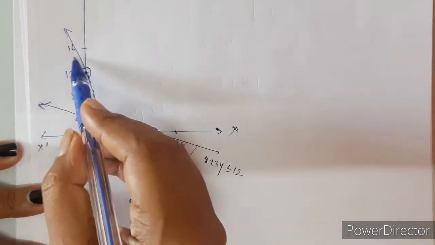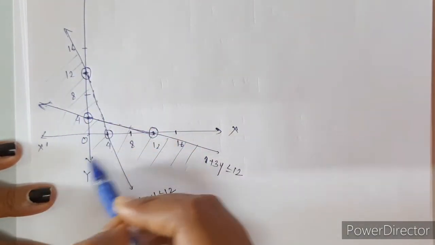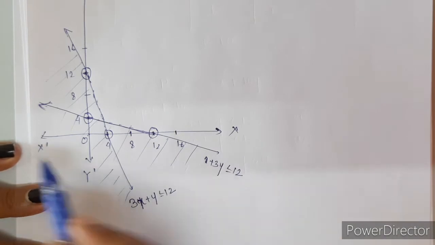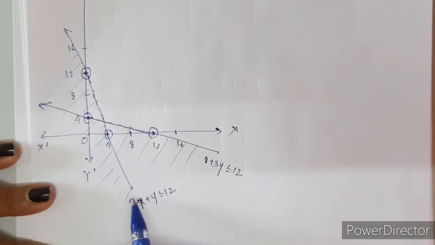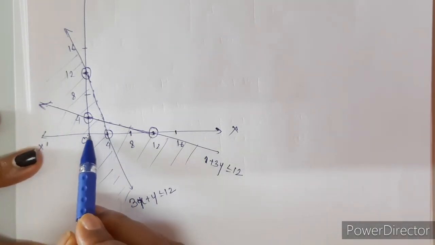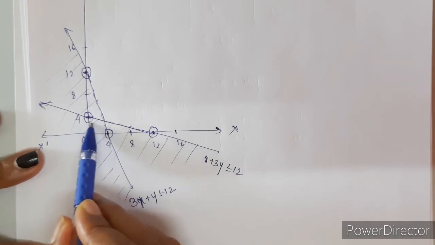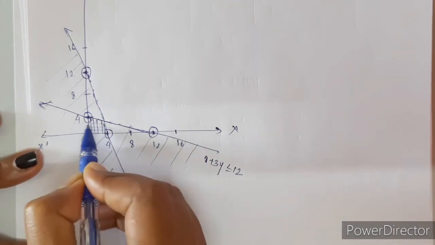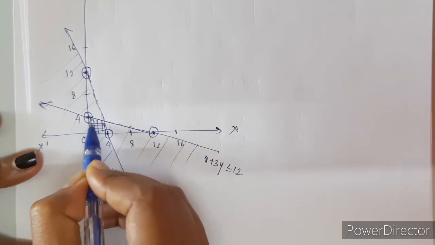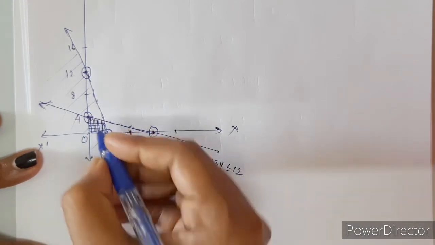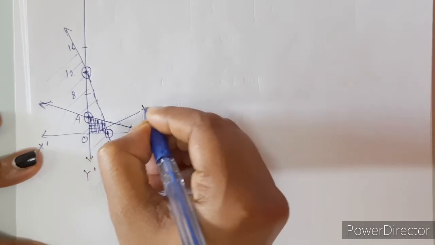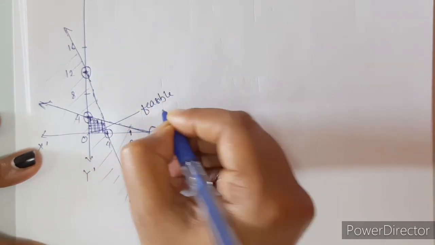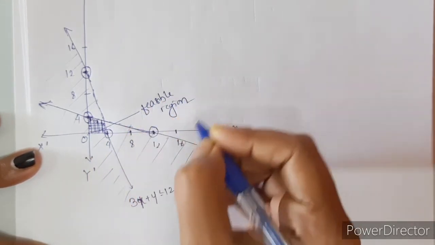This is again less than or equal to 12, so all these lesser points will come. Now the common area is this, but again x has to be greater than or equal to 0, so only these points. Again y has to be greater than 0, so only this. So your feasible area is this. Right? This is our feasible area or feasible region.